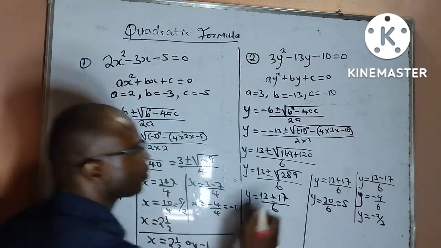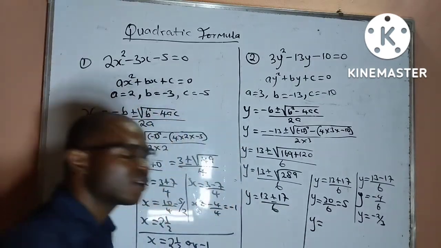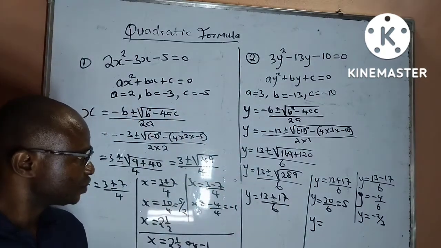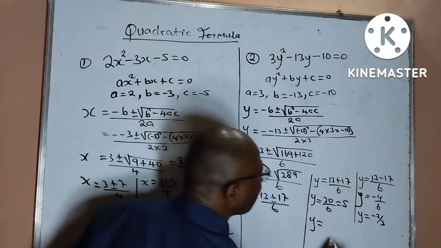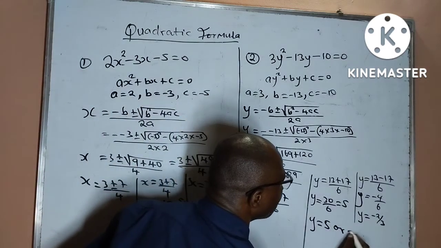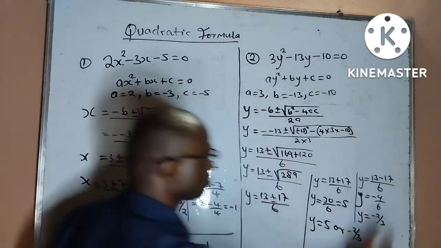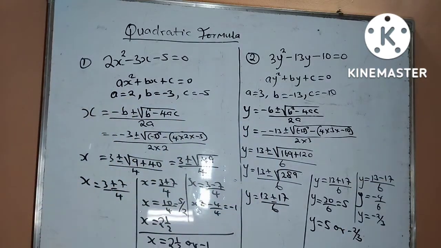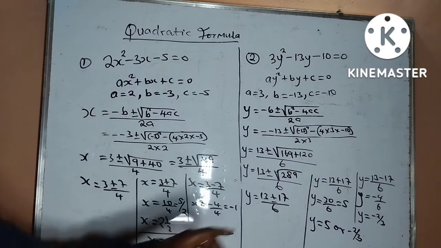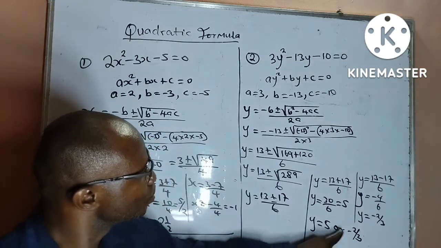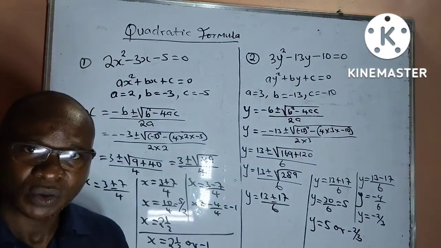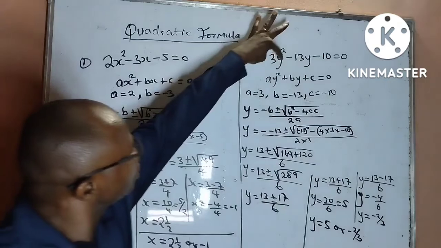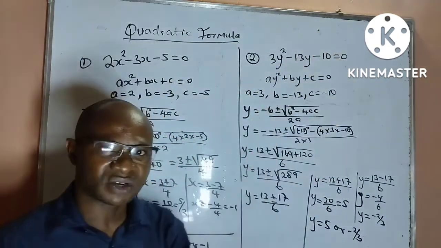So in conclusion, we can now say that the two answers for y are 5 or minus 2 over 3. Alright, so what does it mean? That any of these two values, when substituted into this equation, must give us 0.